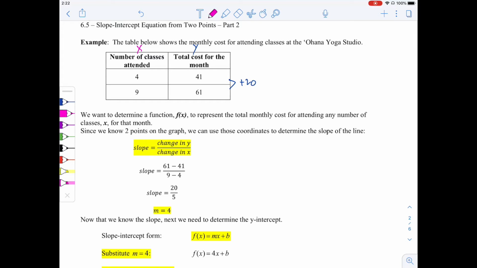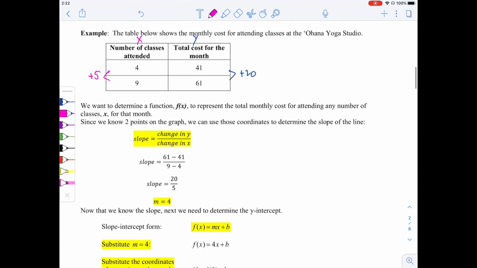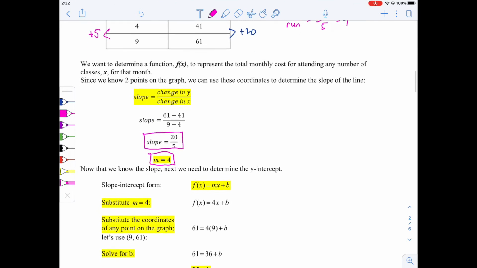And the x's: 9 minus 4 is plus 5. So you get 20 over 5, which is our slope, m equals 4. Our slope, rise over run, turned out to be 20 over 5, which is 4.